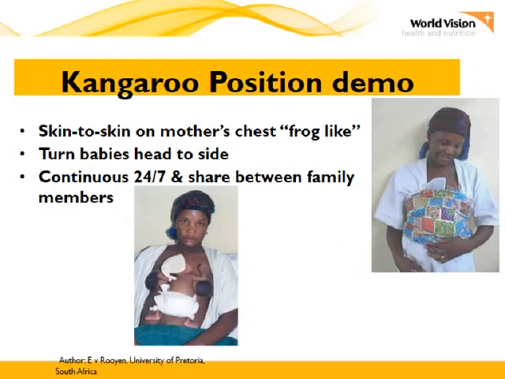So during your training, you will hopefully get a chance to demonstrate and practice on each other how to position a small baby on the mother's chest. You can also watch the video that is provided in the multimedia training resources. The baby is positioned on the mother's chest directly in skin-to-skin contact, with the baby's head resting to one side.